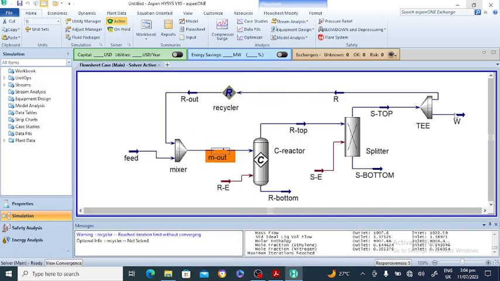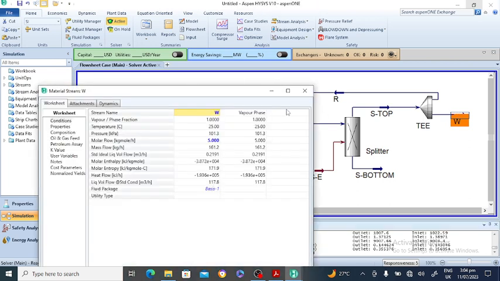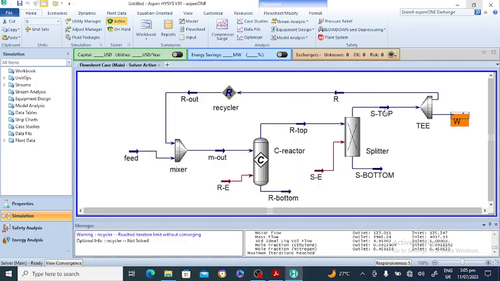Now I'm changing it to 2 kilomole per hour, and the recycle is about 125 kilomole per hour, and here 175. So this one is increased and this is also increased when I decrease the purge.